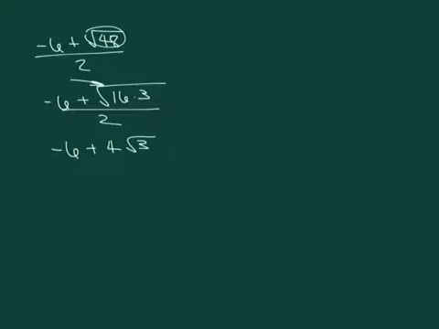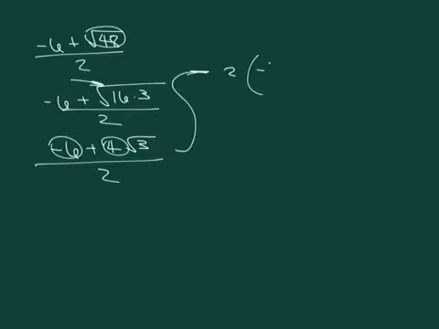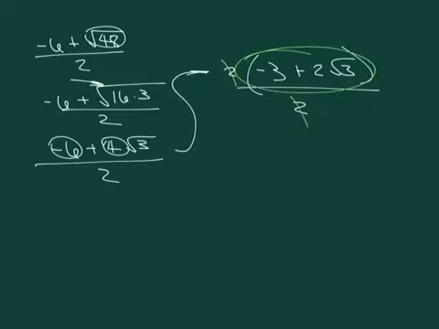And the square root of 3, that stays because you can't factor that. Now, I could factor a 2 out of both of these. So if I took a 2 out, that leaves me a negative 3 there, and a 2 there, and that gets me over 2. Now, look what I can do. I can cancel that, and that ends up being my answer.